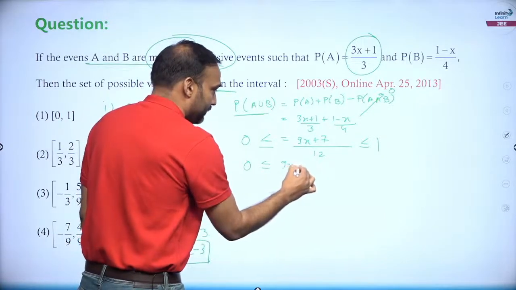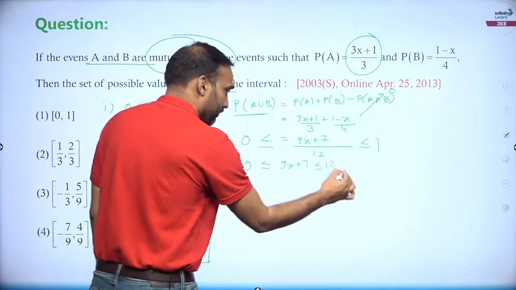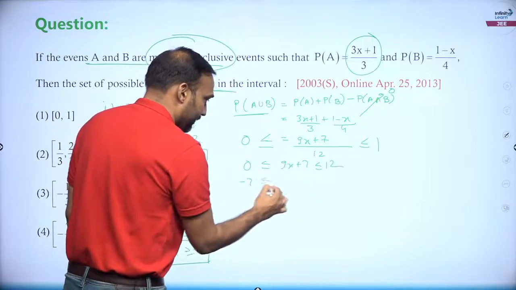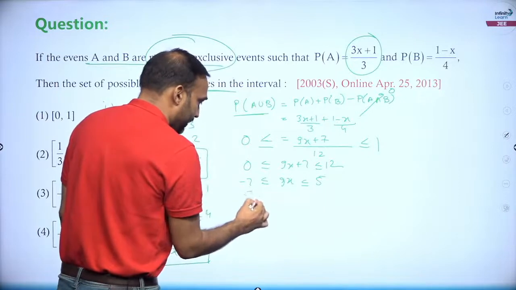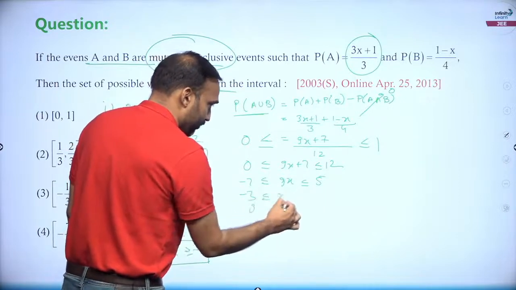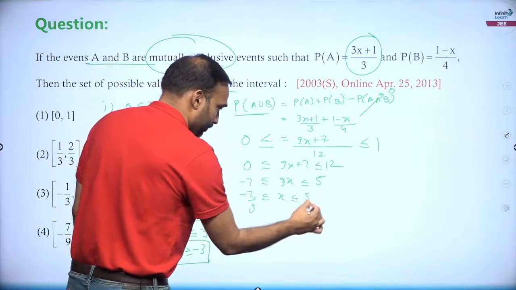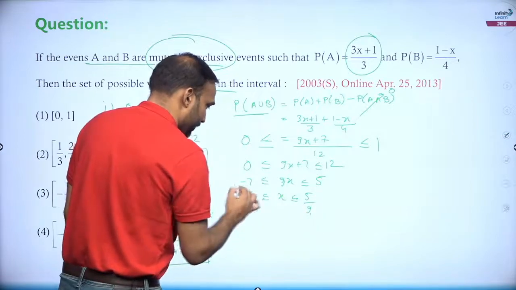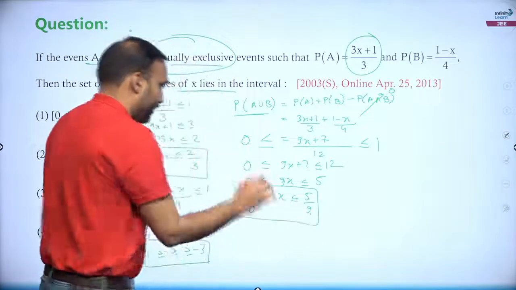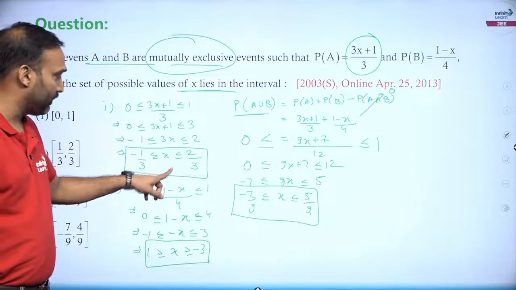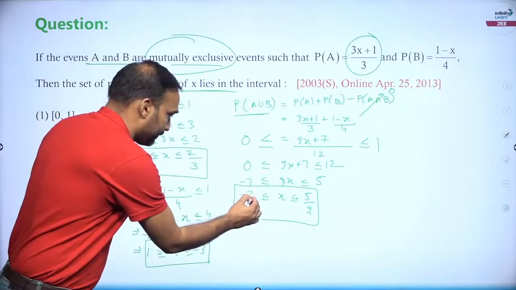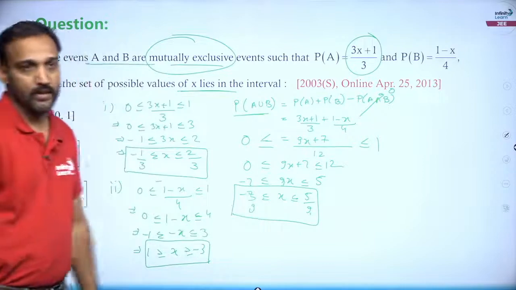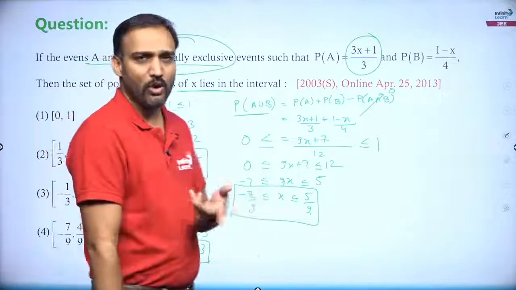Multiply by 12, subtract 7, divide by 9. So now my x should fulfill this, and should also fulfill this, right? So I have to take the intersection of all these three.